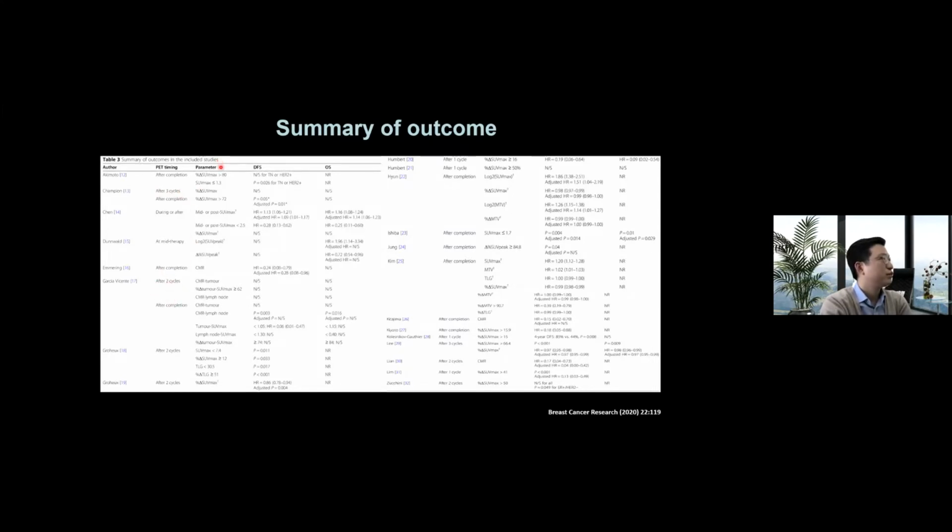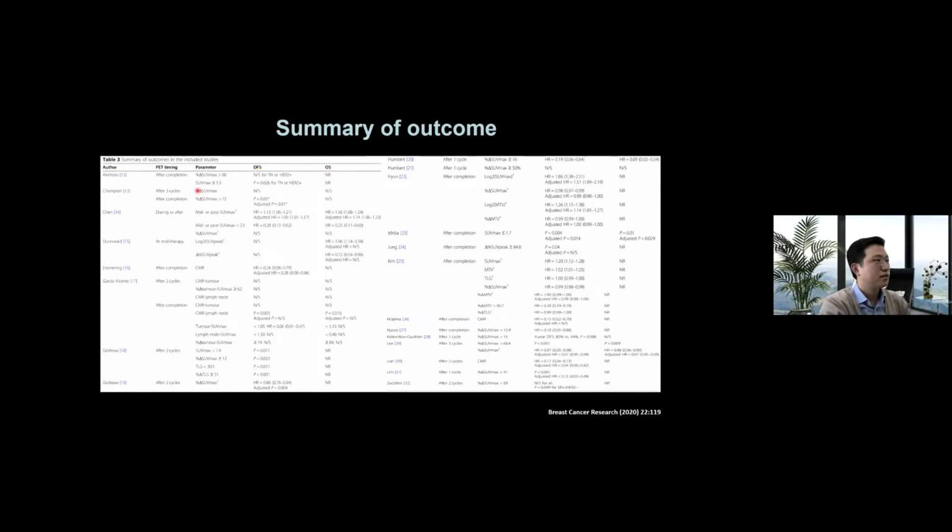The parameter used most frequently was percent delta SUV max, which is the percent change between baseline and post-therapy or interim therapy. The cutoff was, for example, over 80% reduction is considered as PET response in this study, and that was evaluated to see if PET response is associated with survival, disease-free survival or overall survival.